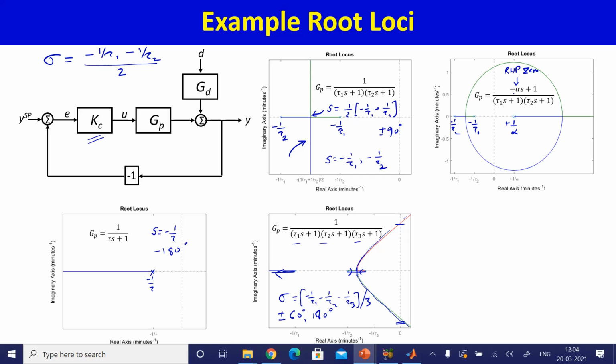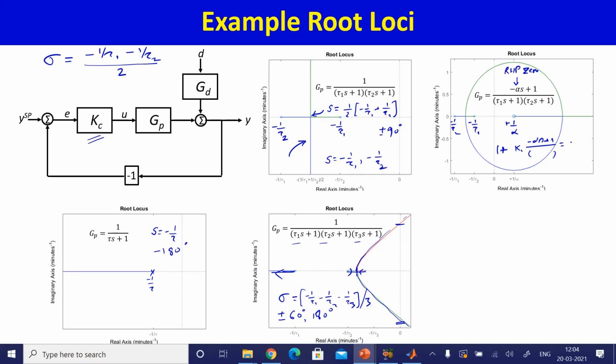you can see that this is not in standard form. So if you look at the characteristic equation, it is going to be 1 plus kc times gp, which is actually kc times minus alpha s plus 1 divided by the denominator.